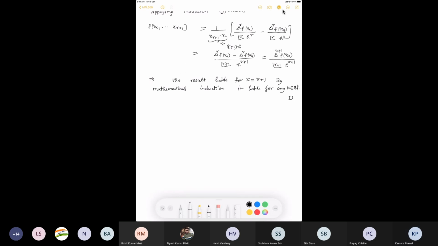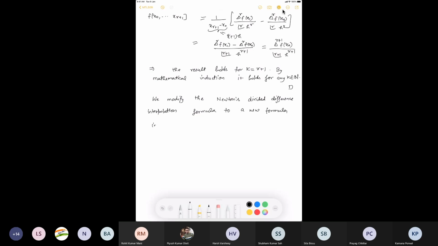All right, so now what we are going to do is modify Newton's divided difference interpolation formula to a new formula involving forward differences.